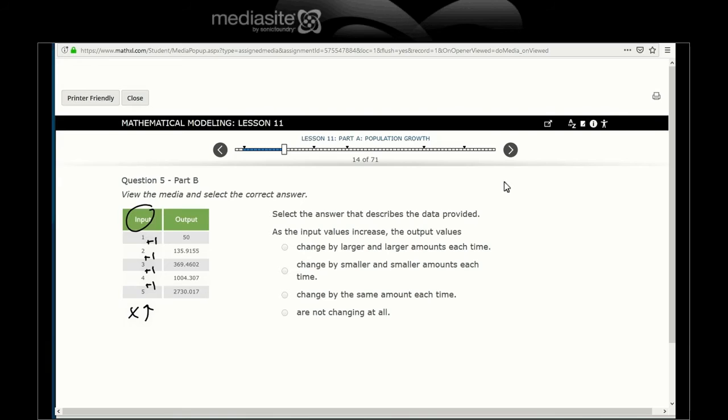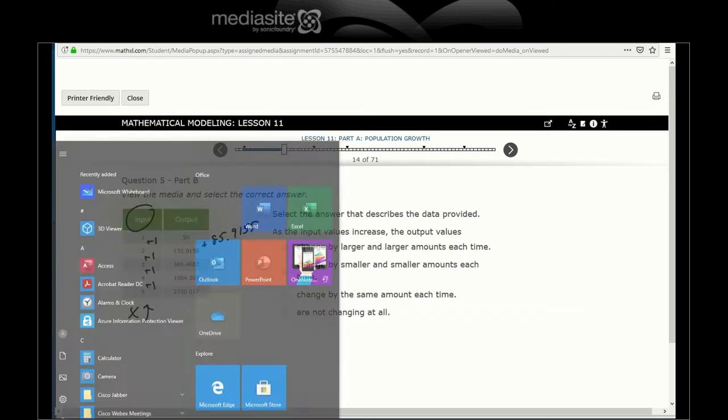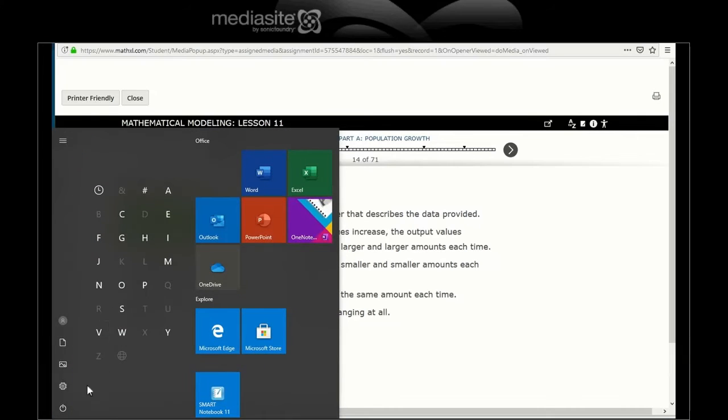So we got here. From 1 to 2 was an increase of 85.9155. What's the other one going to be? Take a look. Need a calculator.